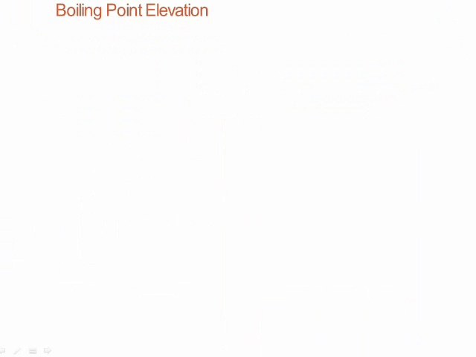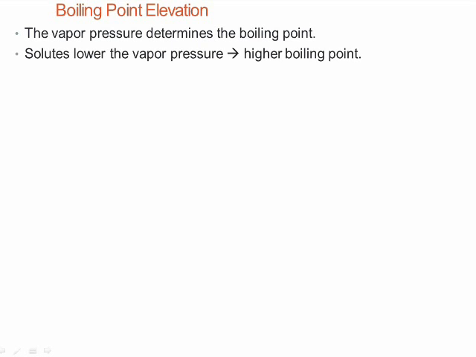Now, this all has to do with boiling point elevation, or increasing the boiling point. Recall, the vapor pressure determines the boiling point. When vapor pressure equals atmospheric pressure, we get boiling. Solutes will lower the vapor pressure.